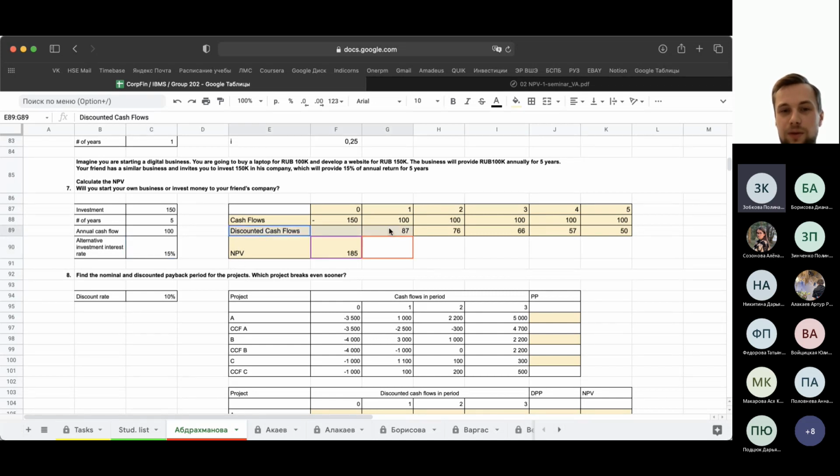We calculate the discounted cash flow. So these are the present value of our future cash flows if we invest in our own company. Let's discuss it in this way. What do you think? What is the rate of return if we invest in our own company? Is it more than 15% or less than 15%?